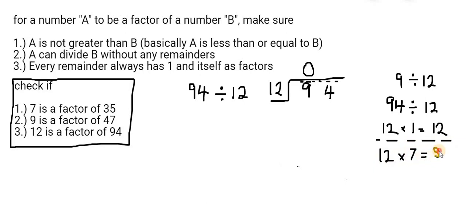That gives you 84. 12 times 8, if you add another extra 12, you get 96. So there is no 94. So the answer in the answer column less than 94 is 84. So we pick that line.